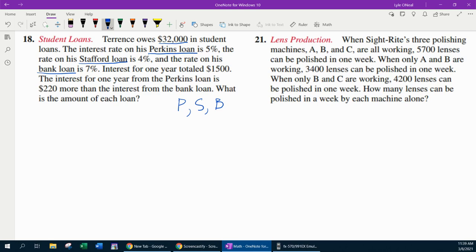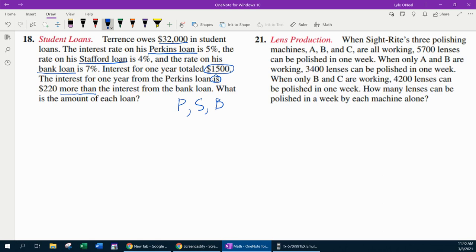So we know that Terrence owes $32,000. It says the interest for 1 year totaled $1,500, and the interest for 1 year from the Perkins loan is, that's going to be important, $220 more than the interest from the bank loan.